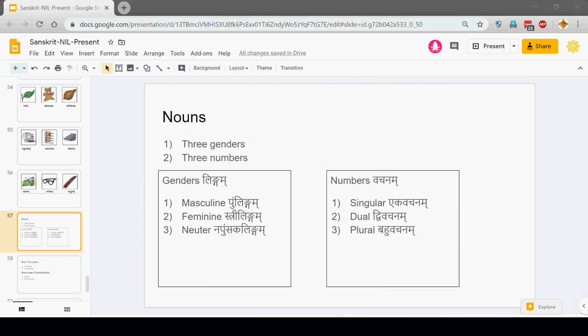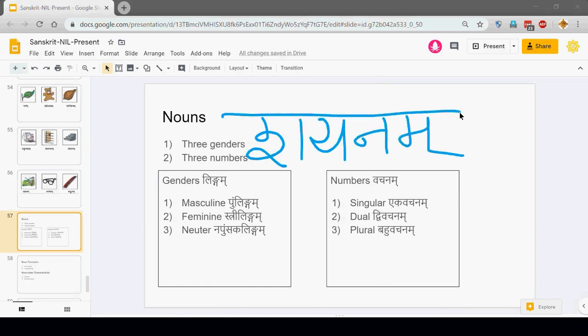But if you use another word for bed, for example shayanam, the linga is neuter, napunsakalingam. In the singular or ekavachana form, Shayanam means one bed.